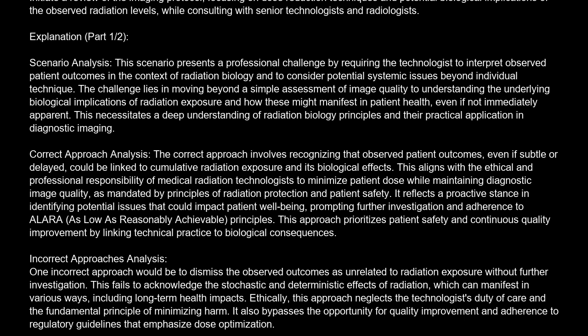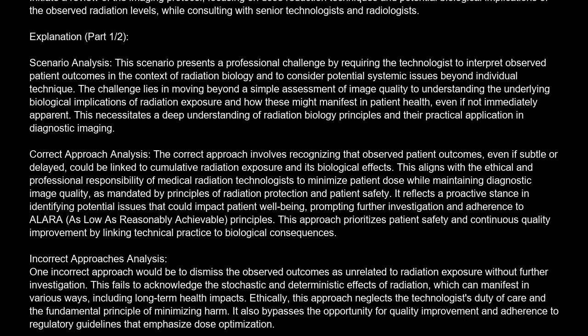Correct approach analysis. The correct approach involves recognizing that observed patient outcomes, even if subtle or delayed, could be linked to cumulative radiation exposure and its biological effects. This aligns with the ethical and professional responsibility of medical radiation technologists to minimize patient dose while maintaining diagnostic image quality, as mandated by principles of radiation protection and patient safety.